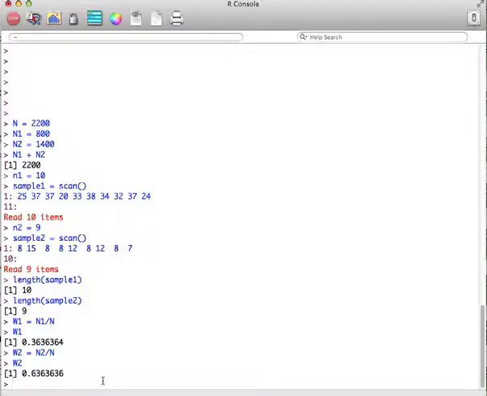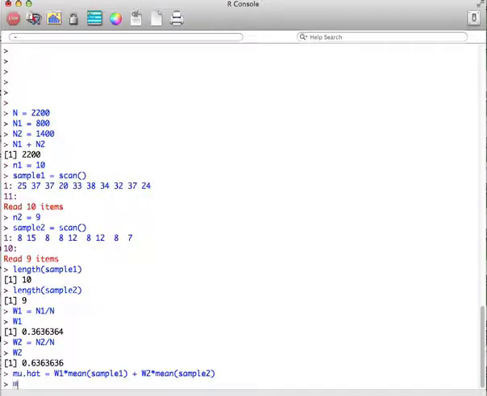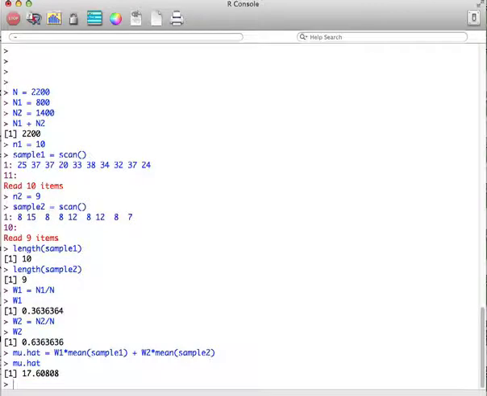So when we make an estimator of the overall mu, it'll just be weighted. So it'll be W1 times the mean of sample 1 plus W2 times the mean of sample 2. Now I'm not estimating a total, I'm estimating an overall mean here. Okay, the overall mean I get is about 17.6, and that's my estimator.